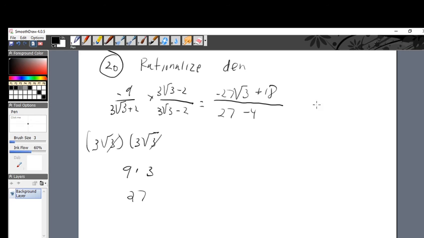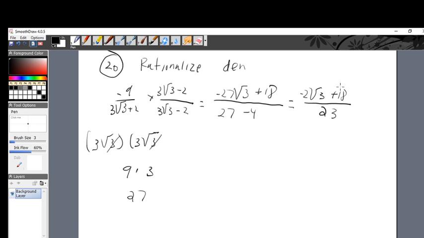Okay, what do we have? Alex is going to probably like it like this: negative 27 square root of 3 plus 18 over 23. What's 27 minus 4? 23. That's it. And you can't even reduce any further.